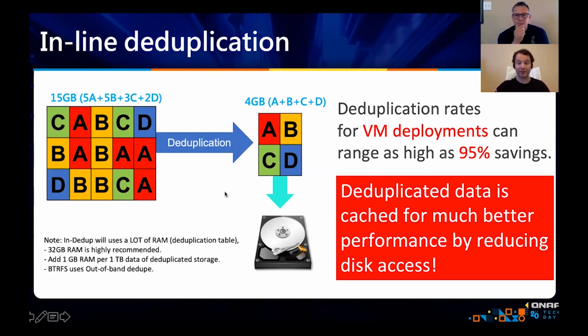And then you just need some metadata to convert this into that, which shouldn't take too much space. One thing to note here is that the metadata to convert this to this, we store in the RAM. We keep it in the RAM to avoid a performance penalty in this translation. So we do recommend 1 GB of RAM for every 1 TB of deduplicated data. But otherwise, this should work just great.